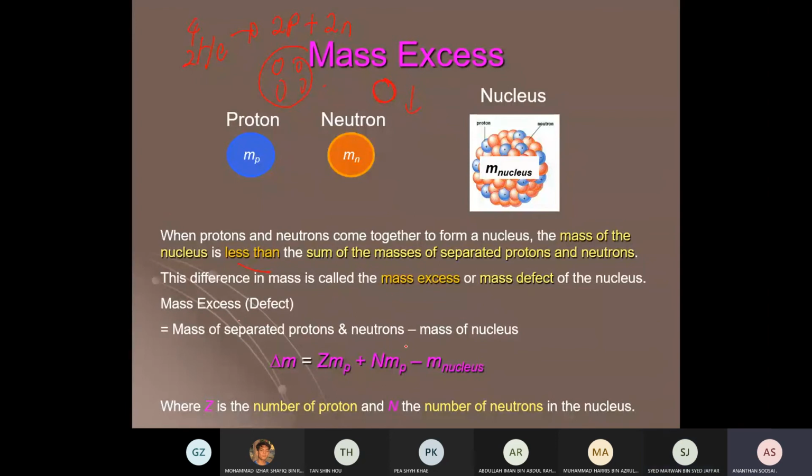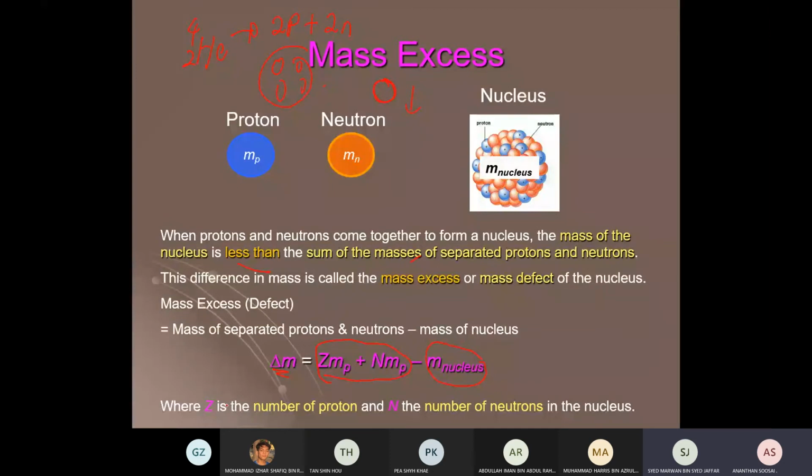So what is mass excess? The total mass of the nucleons that make up the nucleus minus the mass of the nucleus gives you the mass defect. It's mass defect, the mass which is missing, because it tends to become energy.